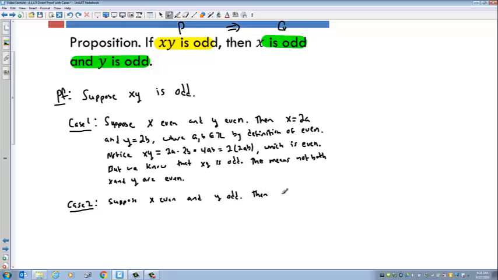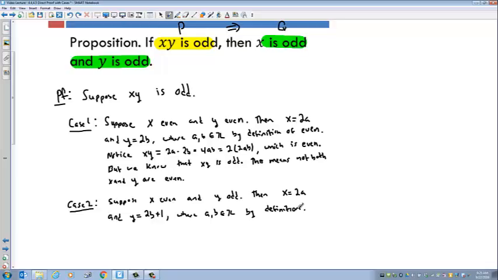So then we know x is equal to 2a, and y is equal to 2b plus 1, where a and b are integers by definition. And let's just put by definition, because it's clear by definition of even and odd.